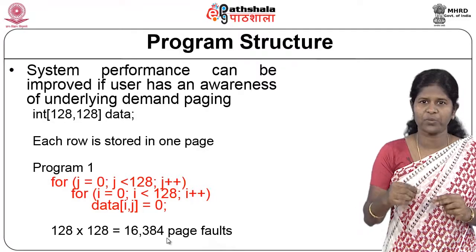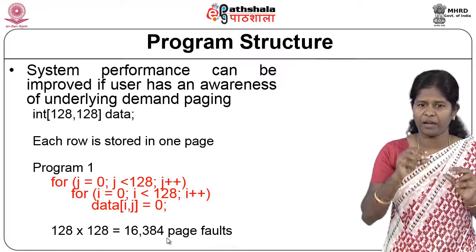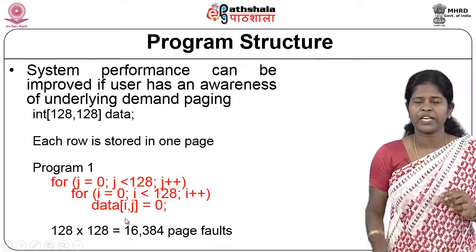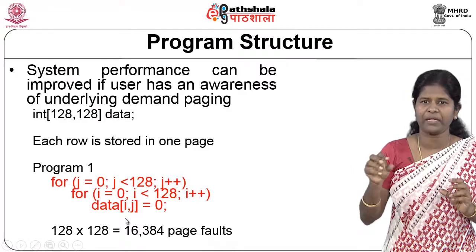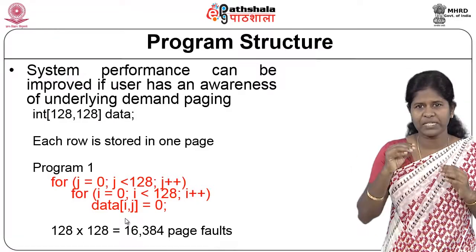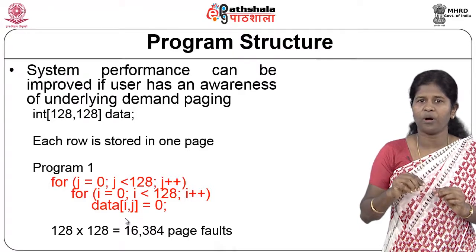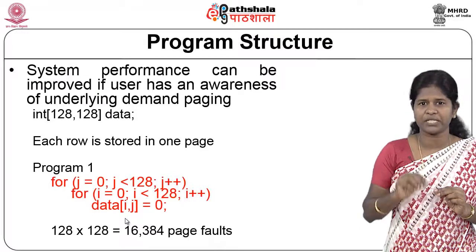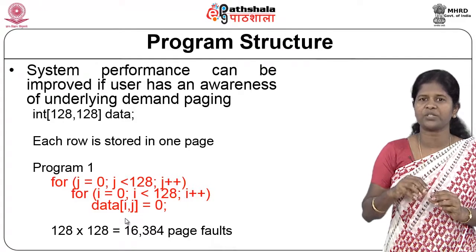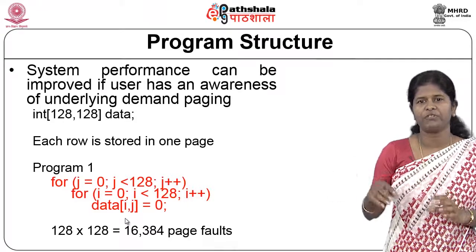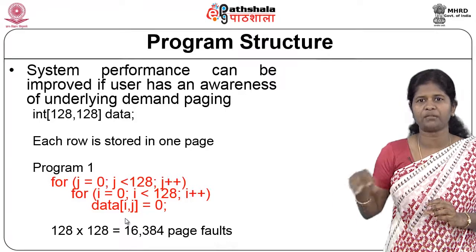So, because of this, for the first assignment, it will try to locate the first page. For the second assignment, it is the first element in the second row, and hence it will try to locate the second page. For the third assignment, it will try to locate the third page and so on.